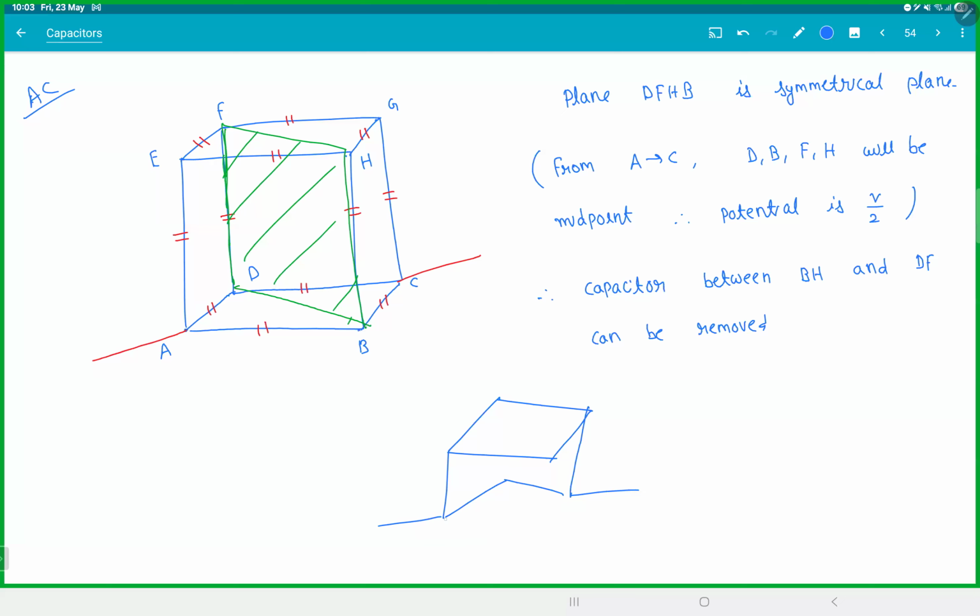Isn't this how it looks? Now it is easy to solve, no? This will become C, C, that is C by 3, and 3, 4 C by 3. Once you remove those two, your life becomes easy. The entire upper one is in series and up and down are in parallel.